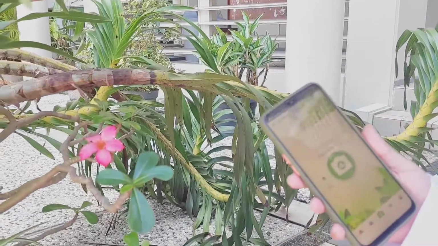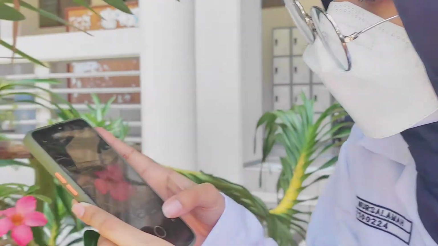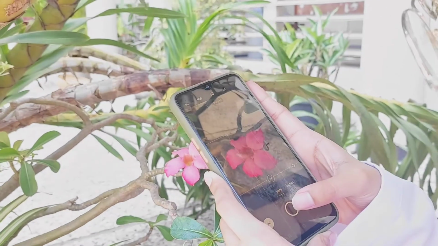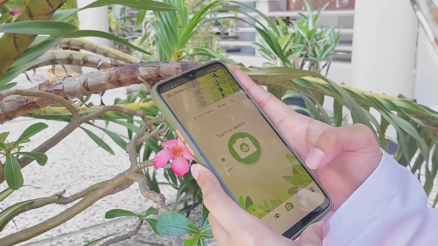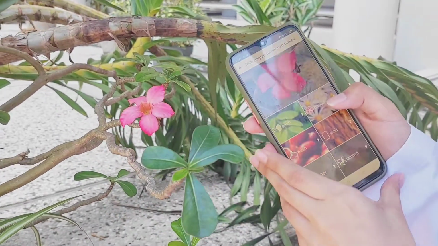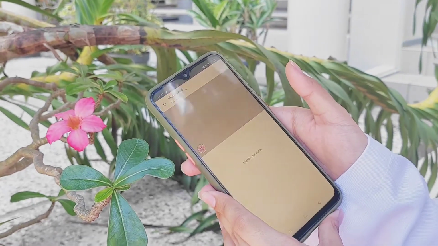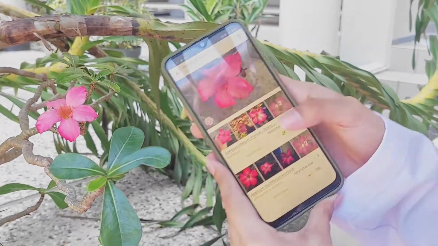I want to observe this plant. So first we open the Plant.net app, and now we're gonna observe this. Let's take a picture. Alright. So this is the flower of the plant. We choose the flower, and then voila!